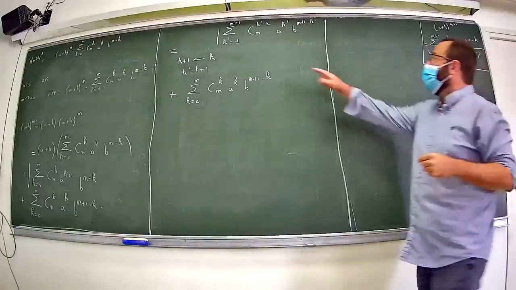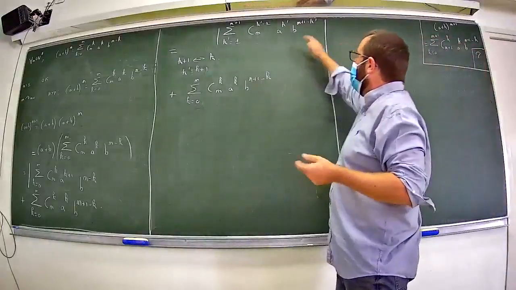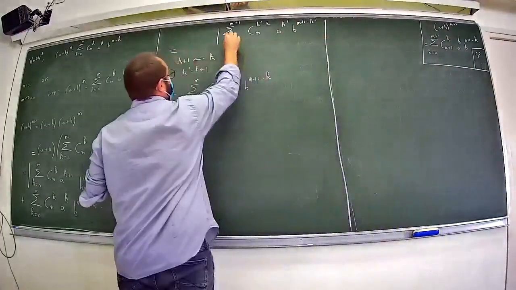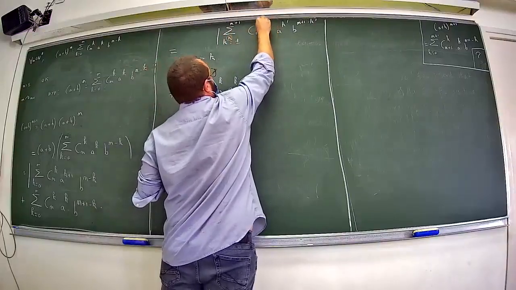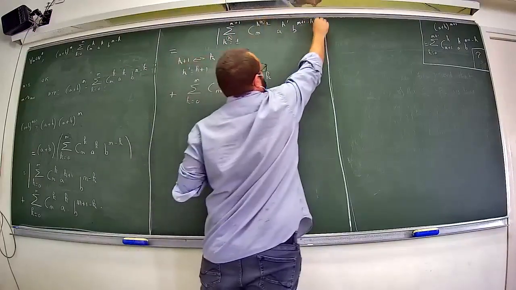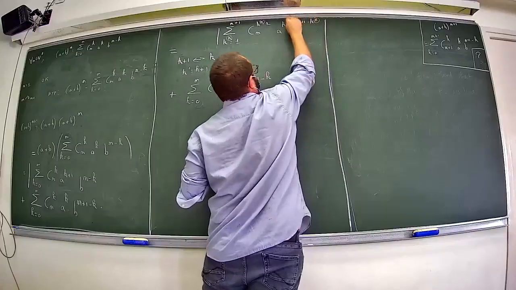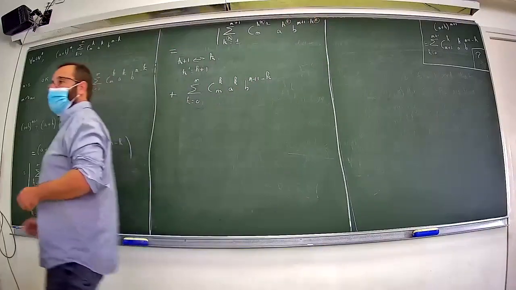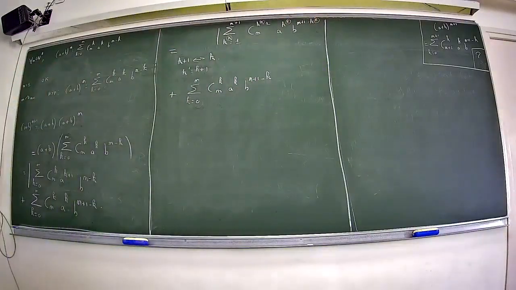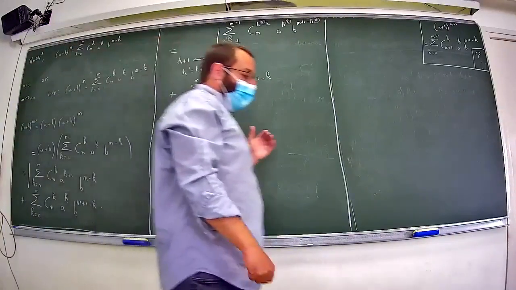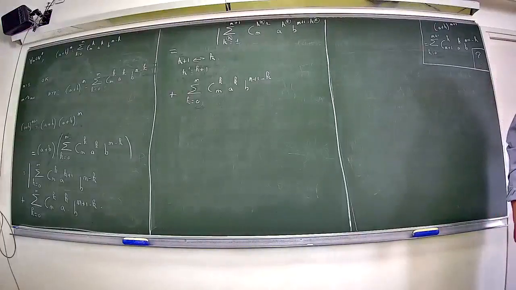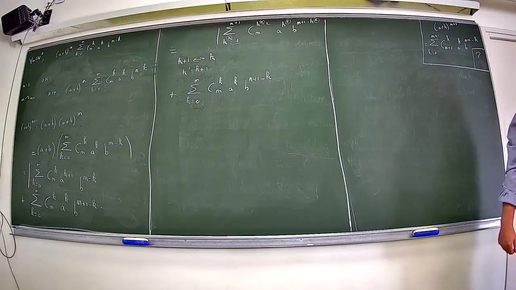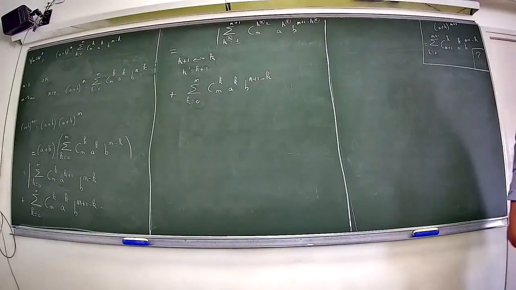So in this sum I have k prime, but I can erase the prime symbol here because I don't mind the name of my index. It's just a variable that I can name as I like. It's like when we compute integrals, the integration variable can be named as you want: x, y, z, whatever.